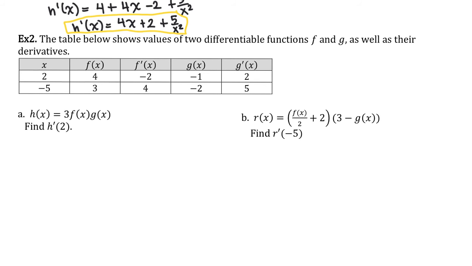They're going to tell me h of x equals 3 f of x times g of x. Find h prime of 2. Because this is already composed of two functions, I'm going to do this one as my first, this as my second, and I'm going to use the product rule.